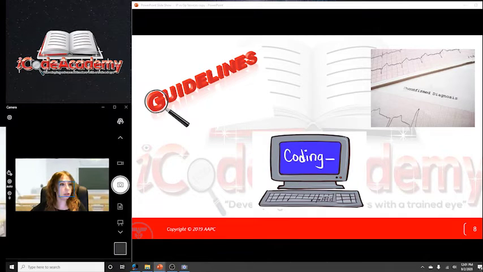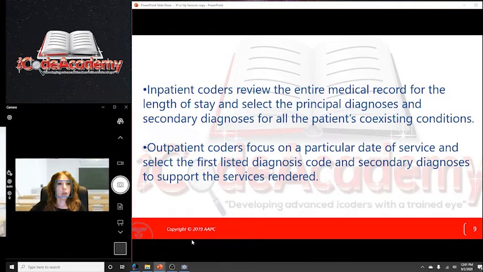All right. Moving on, let's look at the next one. So everything that I just went through, let's focus on how that impacts you as a coder. Again, your inpatient coders are going to review the entire medical record for the whole stay, looking for your principal diagnoses and secondary diagnoses for the existing conditions.